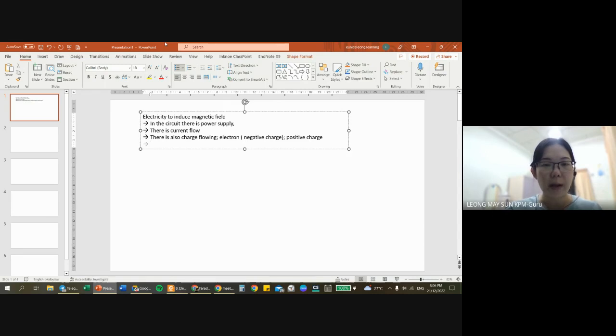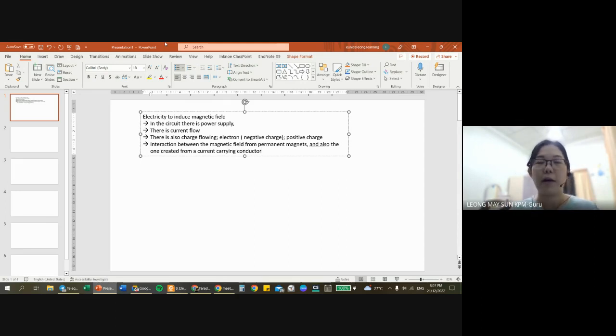So when it induces magnetic field, there is going to be interaction between the magnetic field from permanent magnets and the one created from a current carrying conductor, which means wire.